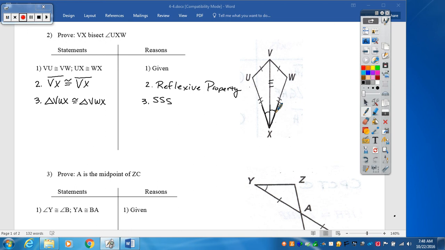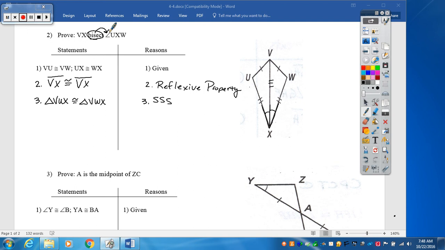Remember when we talked about bisecting, it's to cut in half. And I've really been stressing that if I'm going to do this, I would point that arrow right at that angle. Because a lot of times students get confused. If you bisect a segment, you have two congruent segments. When we're not bisecting a segment here, we're bisecting an angle. So if we bisect an angle, we have two congruent angles.